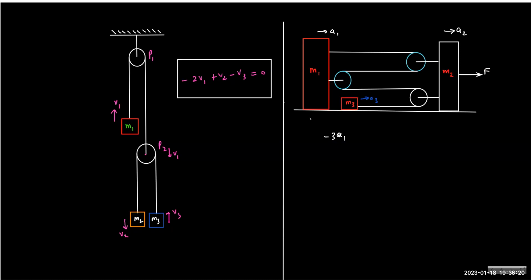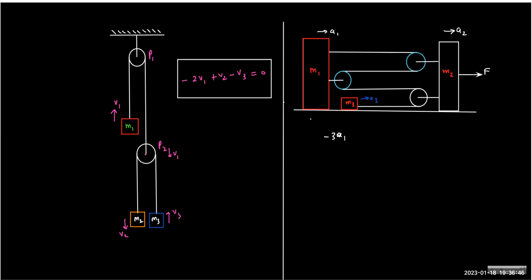But if we are taking A1 into consideration, then listen. If you look carefully, this entire string is one single string. They are not two strings. Earlier, the problem was the first string stops at P2, and then we have a separate string between M2 and M3. So when we have the strings in pieces, we have to write the constraint for each part of string separately.